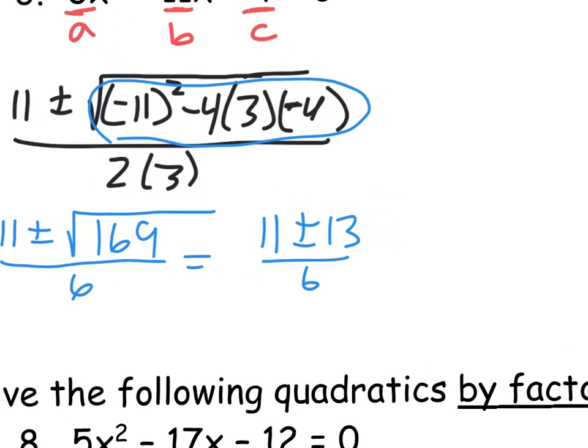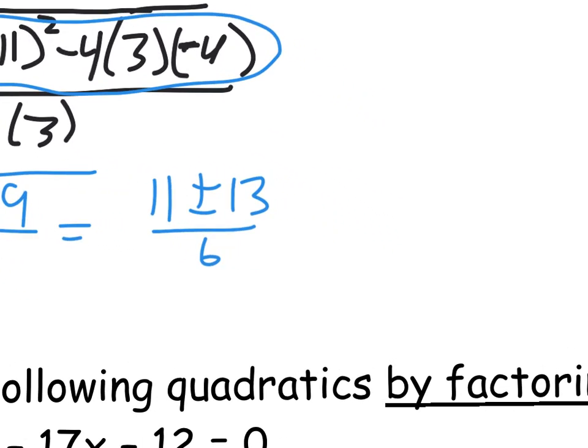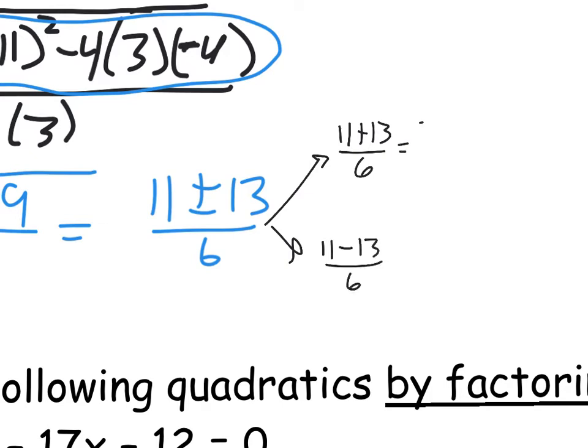So here's the two parts to the problem where we break it up. It's 11 plus 13 over 6 and 11 minus 13 over 6. 11 plus 13 is 24 over 6. And you don't plug this whole thing into your calculator at once. Add, get your answer, and then divide. And that's going to give me 4.